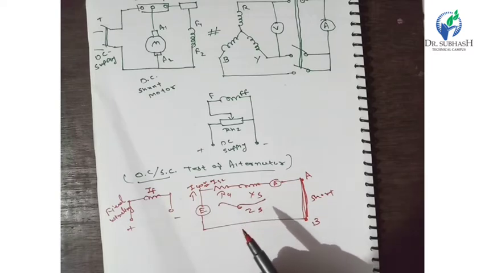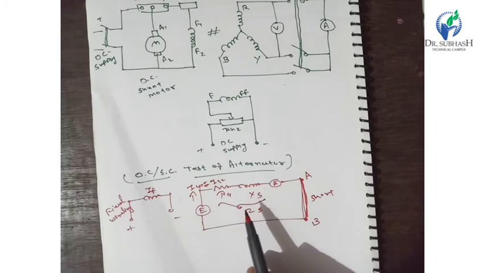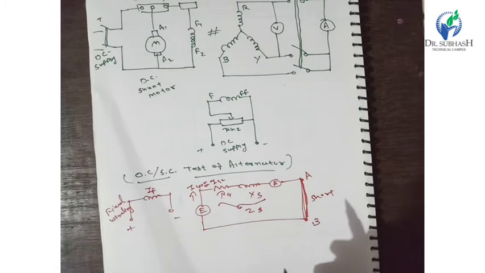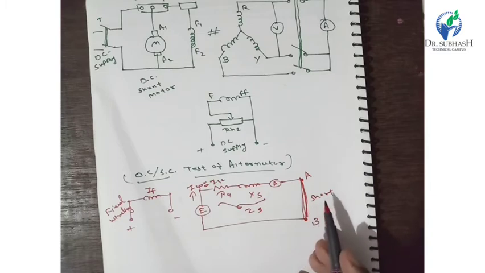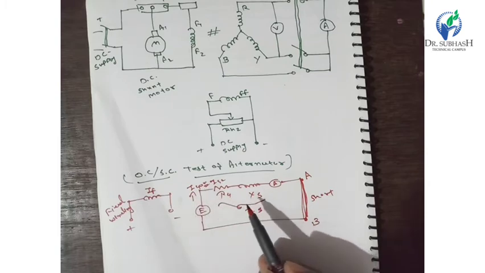Note that the circuit is drawn on a per phase basis for understanding. The alternator is running at rated speed with terminals A and B shorted. The field current is gradually increased until the rated armature current flows through the armature winding.